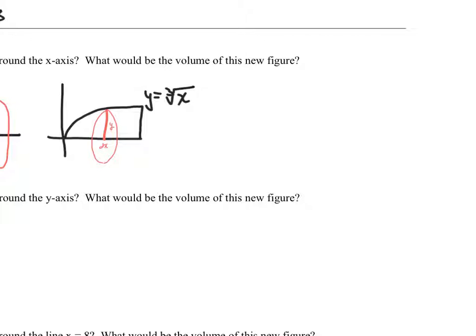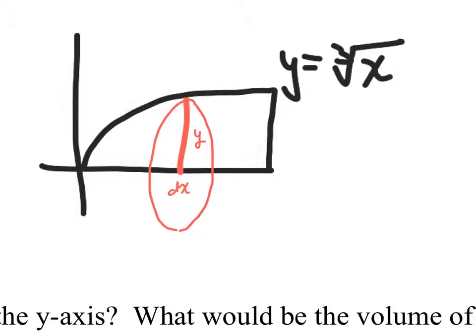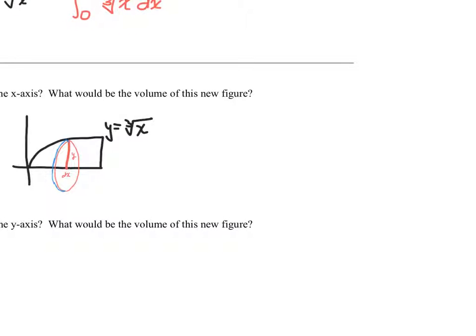All right, so anyway, I need to come up with the volume of a single circular disc. I'm going to draw it with a little bit of thickness, just to emphasize that part because it just felt naked without it.